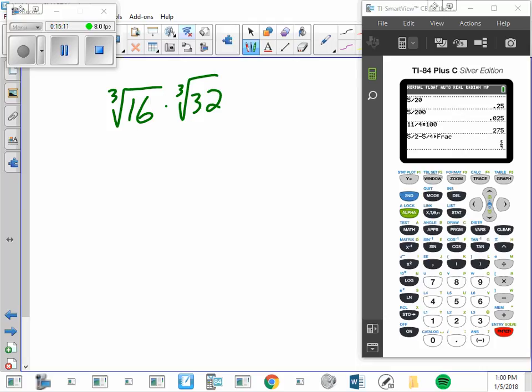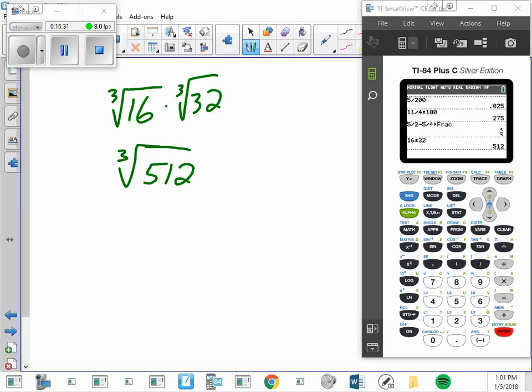If it was a square root and a third root, it won't work. Okay? So I can say the third root of 16 times 32 is 512.